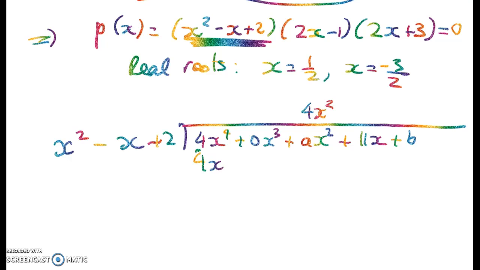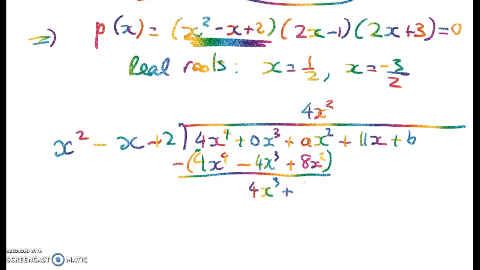So we get 4x to the power of 4 minus 4x cubed plus 8x squared. Right, put brackets around it and subtract it. What am I left with? Well, I get 4x cubed plus a minus 8 x squared, and then I bring down the 11x.